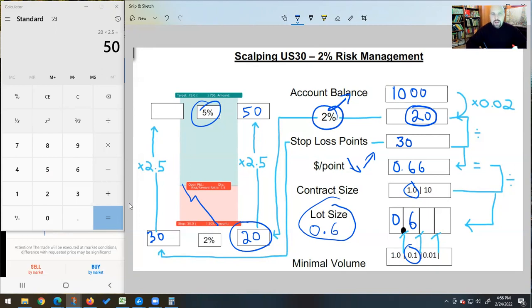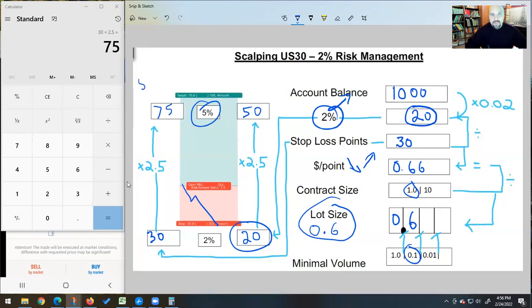All right. So we got our $50. And then how about here? What goes there? That's our points. So 30 times, let's erase this. So 30 times 2.5 will give us 75.